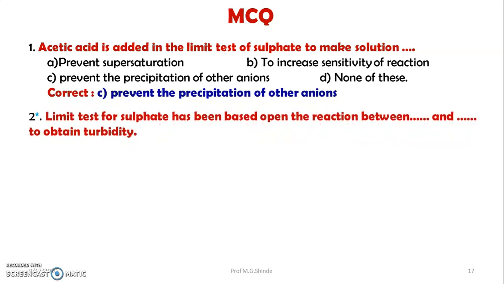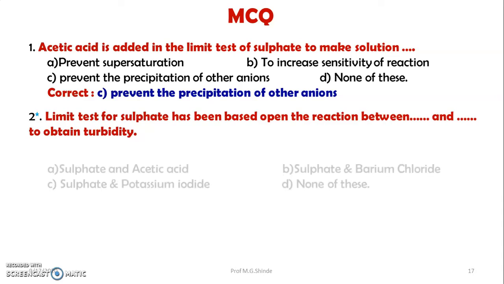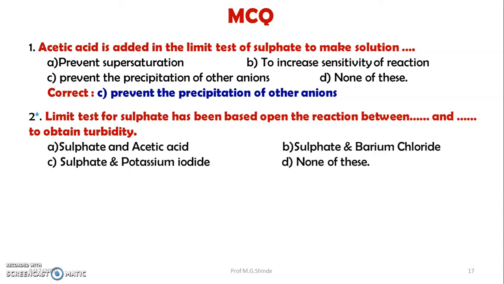Second MCQ: the limit test for sulfate is based upon the reaction between dash and dash to obtain the turbidity. Options are: sulfate and acetic acid, sulfate and barium chloride, sulfate and potassium iodide, none of these. The correct option is sulfate and barium chloride.